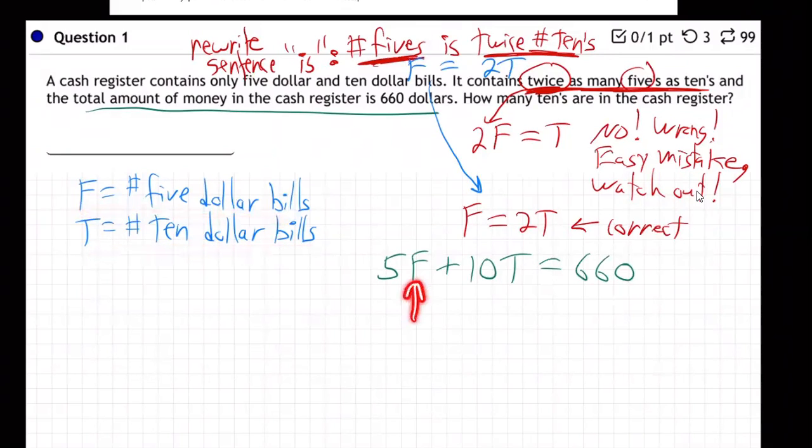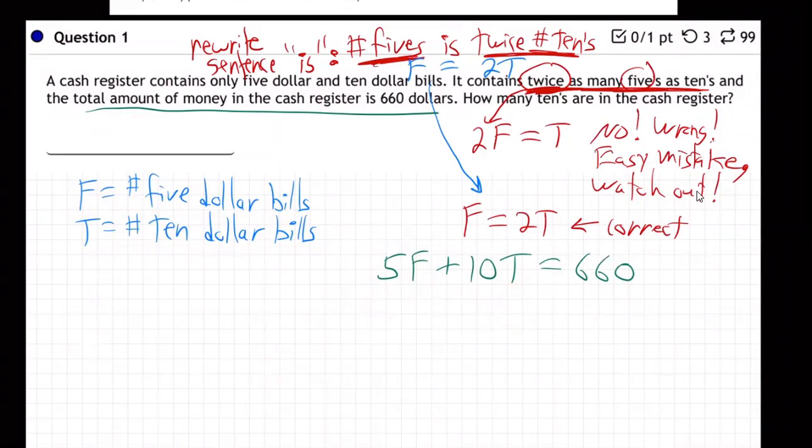So the number of $5 bills times $5 for each bill, plus the number of $10 bills times $10 for each bill, has to add up to the total dollars, 660. So there's our two equations. Again, whenever you have two letters, you know you need two equations.